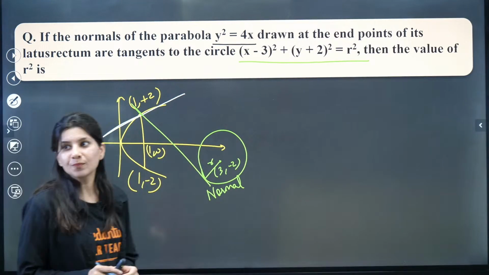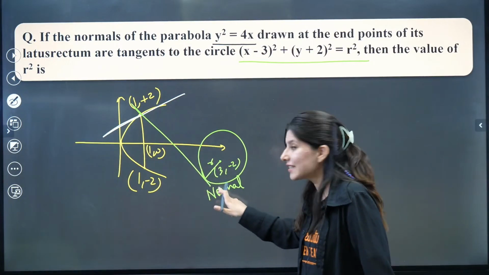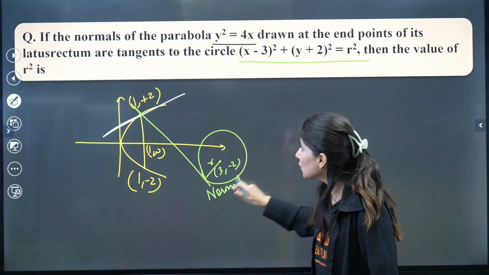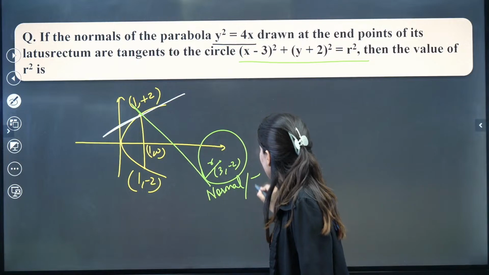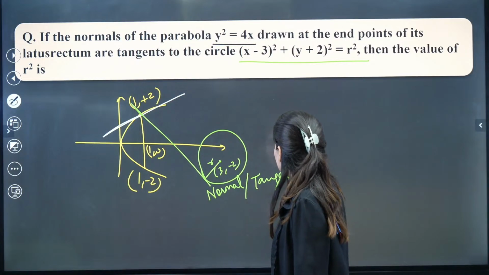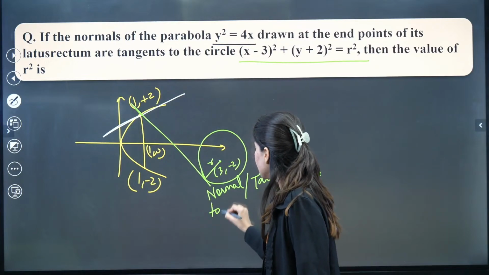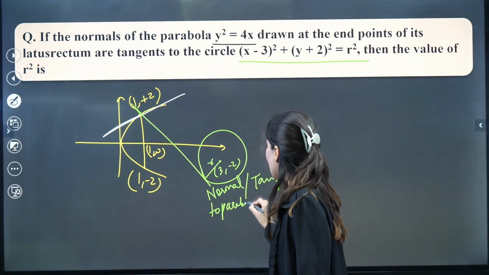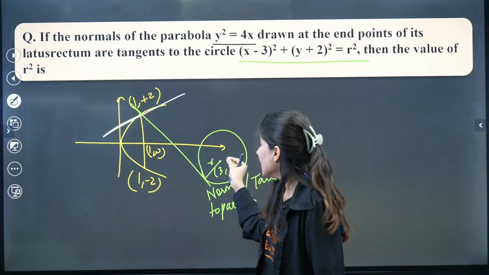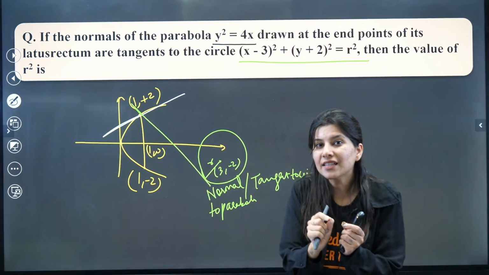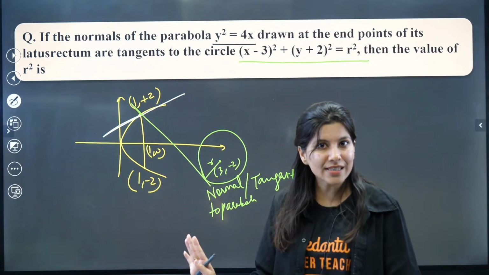If I know the equation of this line, which is normal to this parabola and tangent to this circle. Tangent to the circle, but normal to the parabola. Anyway, I am only interested in the equation of this line so that I can apply that formula: the distance between a point and a line will be nothing but the radius if that is a tangent. I hope that you understood this.